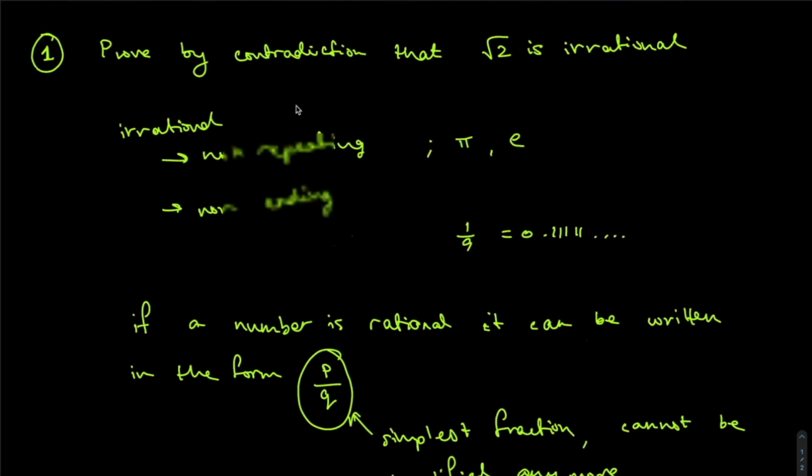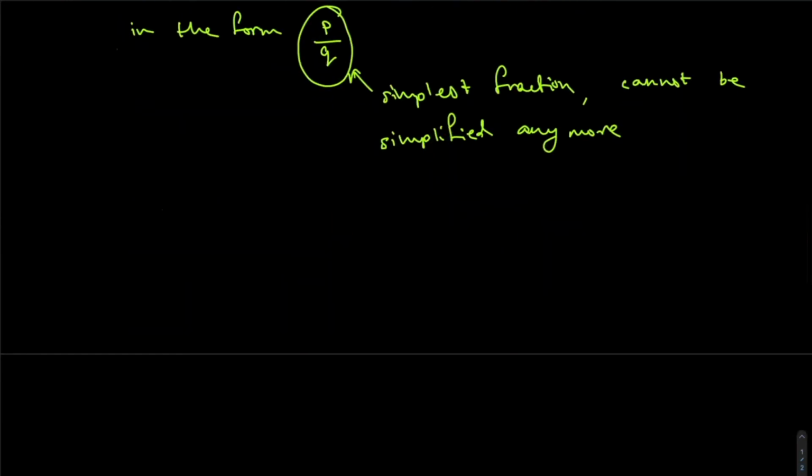So now let's go to the first part of the contradiction that we have. The first part of a contradiction was what? It said that if something is given, we take the opposite of what's given. So we say that square root of 2 is irrational. So let's write it here, step 1. We assume square root of 2 is rational.